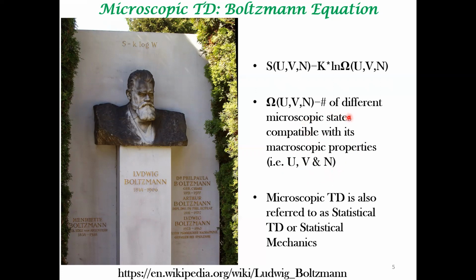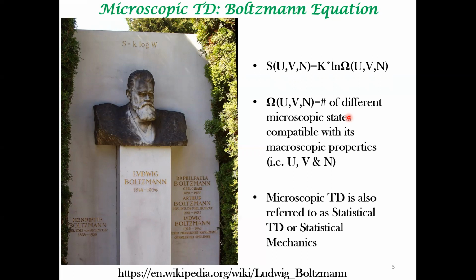So how do you define a microscopic state? Right at the beginning of the class, we talked about this. A microscopic state for a particular atom is well defined if you can specify the position and momentum: momentum along 3 directions and 3 positional coordinates. Once you define that, your microscopic state is well defined for a particular atom.